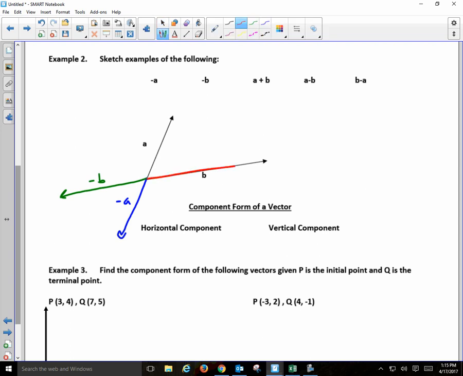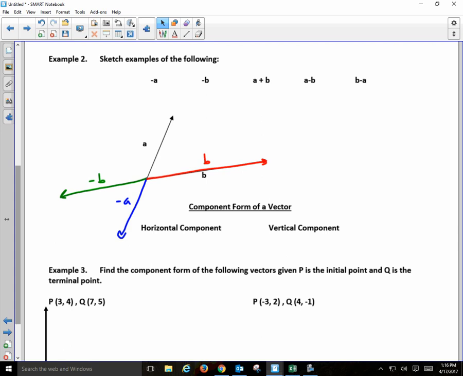And finally, I'll draw vector b. So probably not the best, but as good of a representation as I can do right now. Okay. So you see I drew negative a, which is just vector a, same initial point, but in the opposite direction. Negative b is vector b, same initial point, opposite direction.